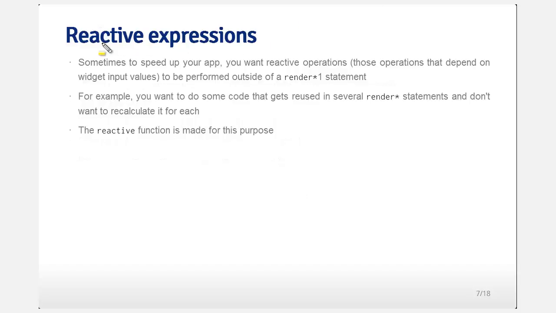Okay, so sometimes reactive expressions, so the render statement, is unnecessary there. The render statement is these render plot, render text, etc. Those are reactive statements. They react to widget input and so on.